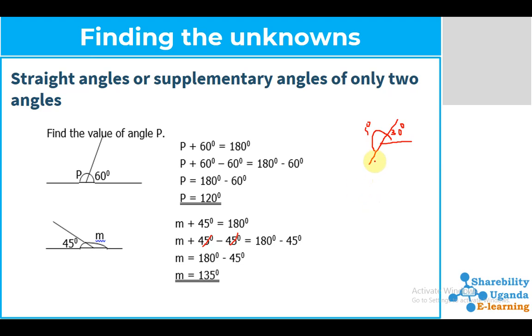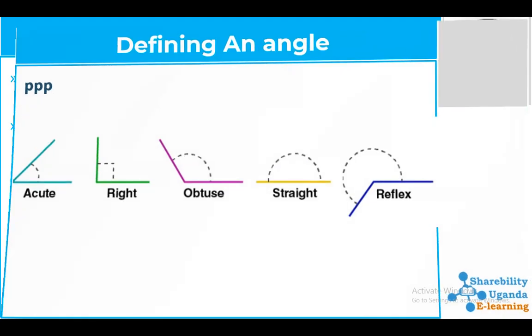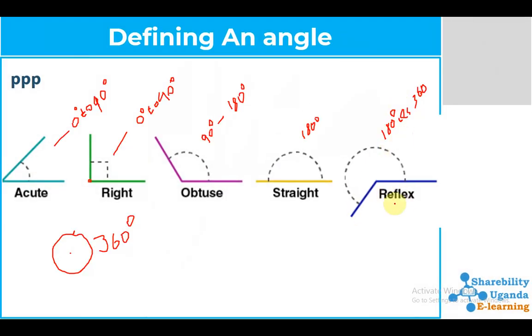So here we shall look at this angle. Where does it lie? Does it lie to the right angles, or does it lie to the reflex angles? It lies to the reflex angles. And we say the reflex angles lie between 180 and 360.